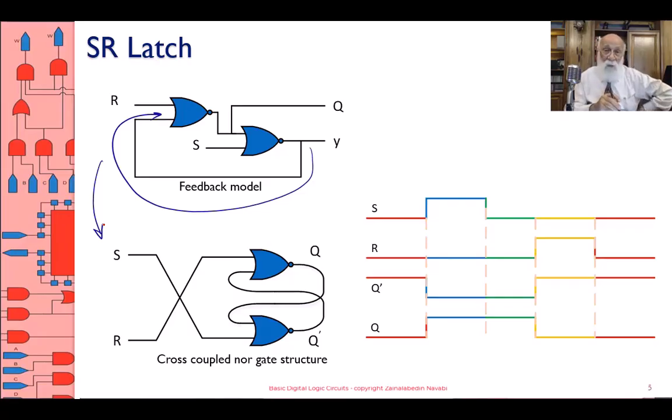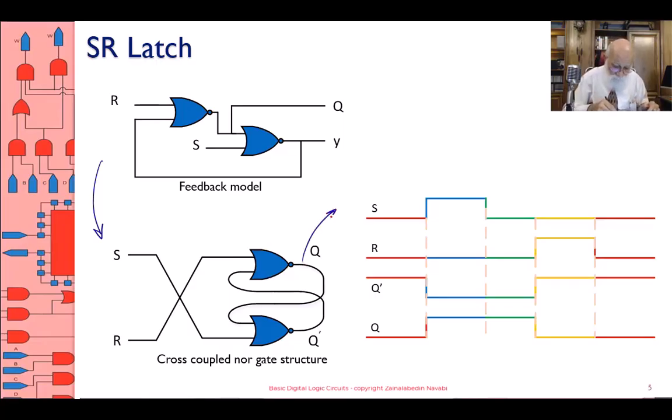This is the feedback model of these two NOR gates, and down below this is called cross-coupled NOR gates. Someone decided this looks nice many years back, and it is now customary that we draw it this way and we analyze it this way. The good thing about this model is that you can call this one the output and this one the feedback, or the other way around.